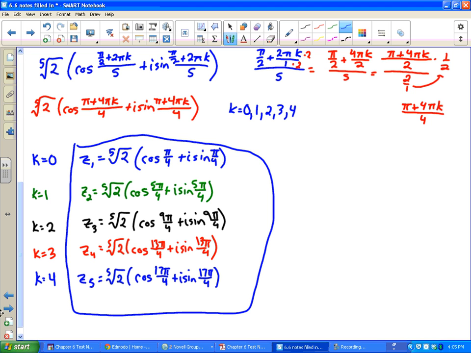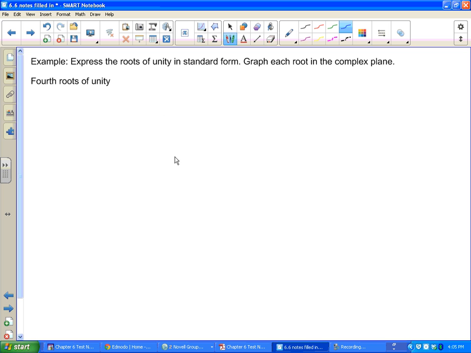So the last thing that we are going to talk about is expressing roots of unity. That sounds kind of crazy, but if it wants roots of unity, it's asking for unit roots. And anytime you hear the word unit, you should think 1.